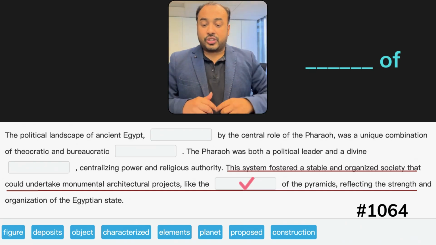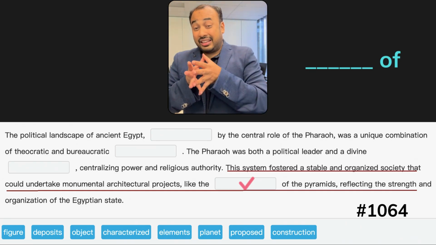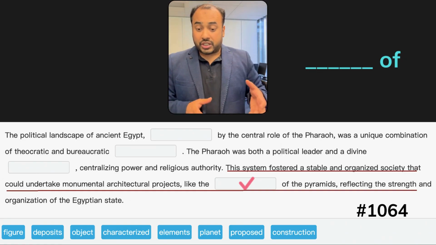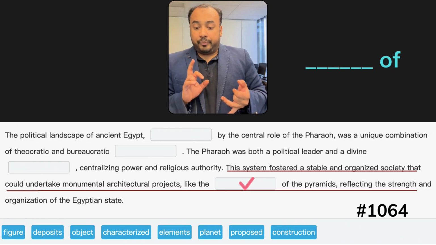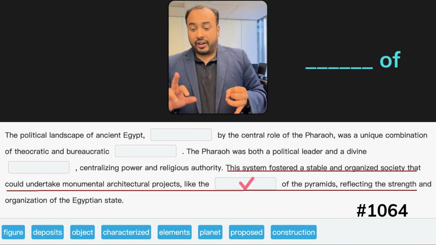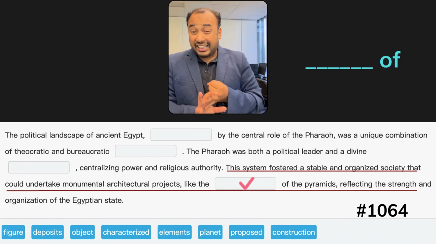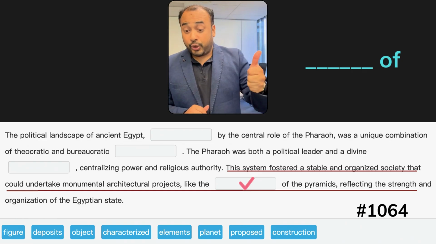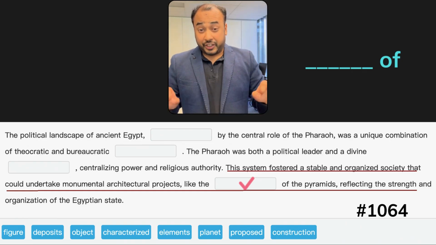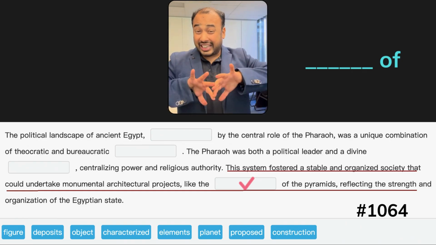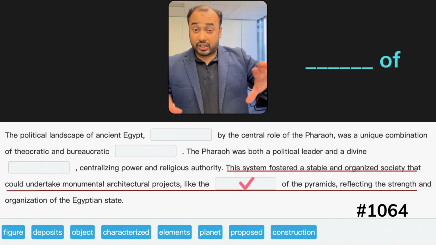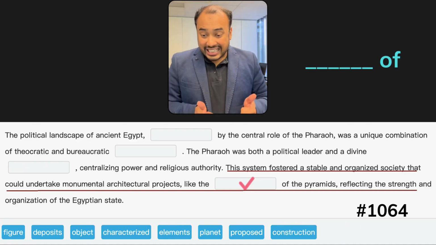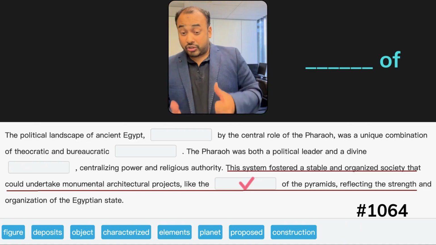The options we have are characterized, elements, planet, and proposed. Proposed and characterized are verbs, so let's get those out of the way because they're ed words, right? So you've got elements, you've got planet, and you've got the word construction.